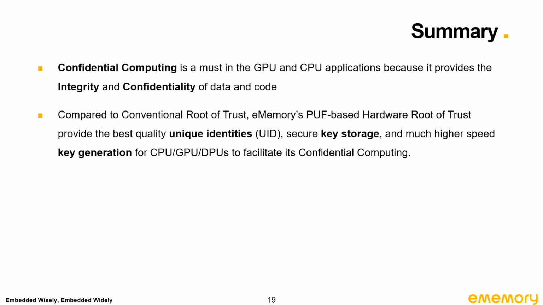Compared to conventional root of trust, eMemory's PUF-based hardware root of trust provides the best quality of unique identity, secure key storage, and much higher speed key generation for CPU, GPU, and DPU to facilitate their confidential computing.